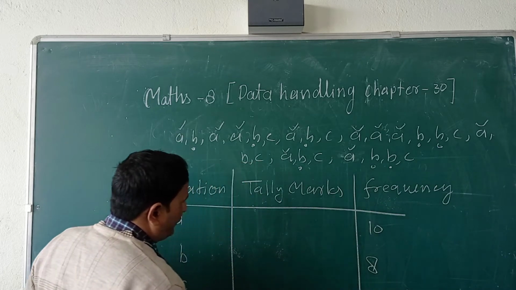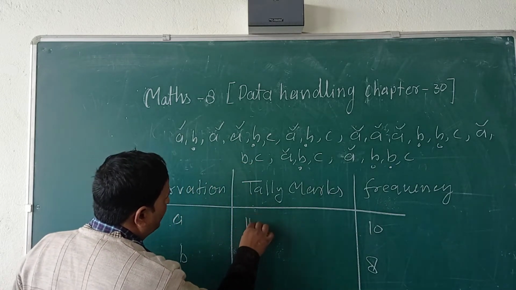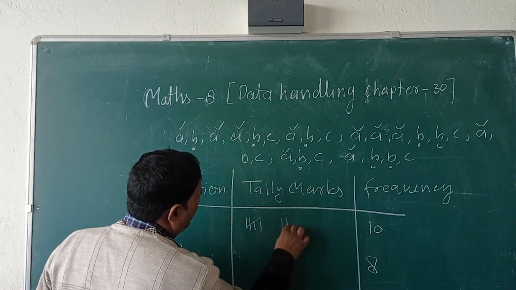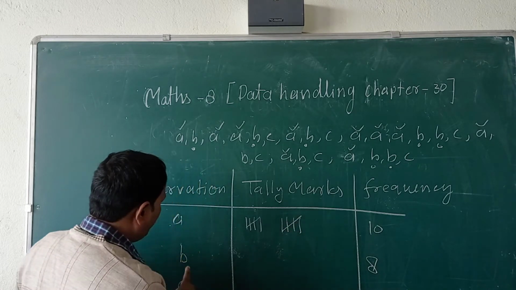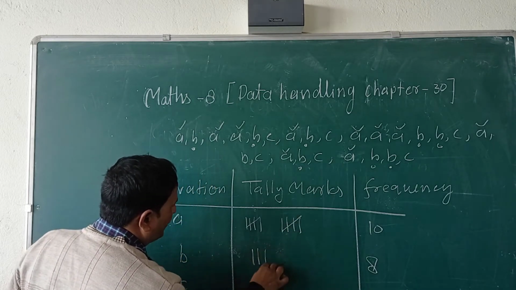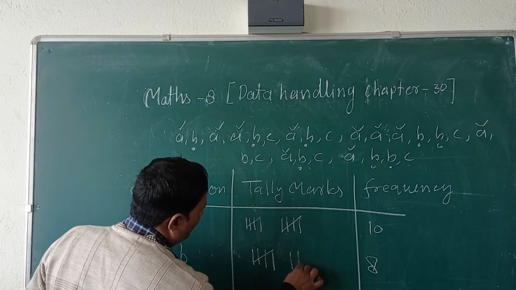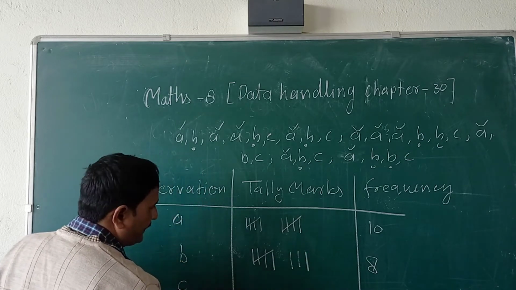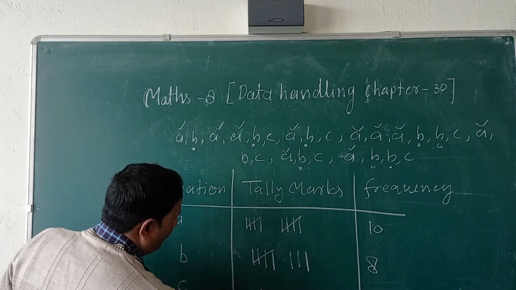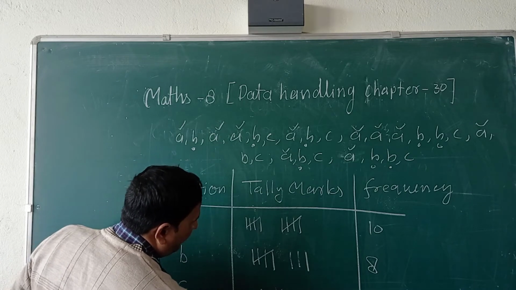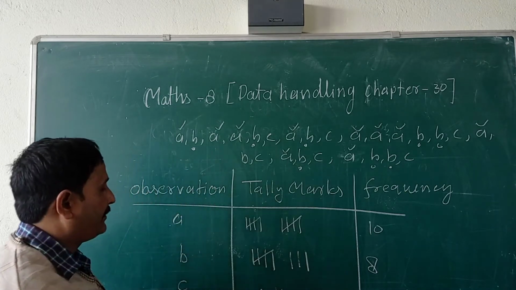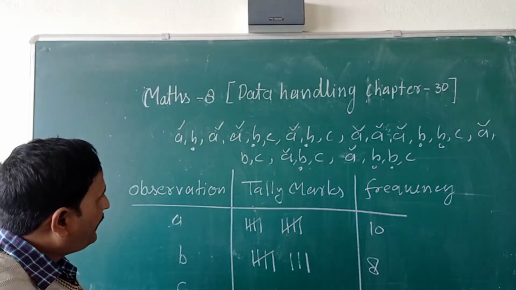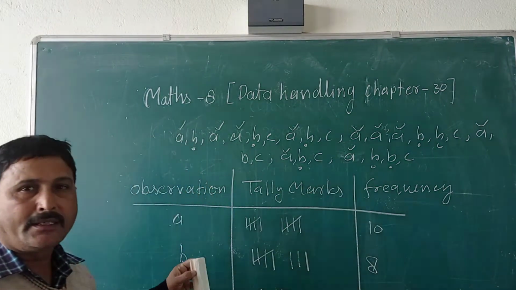Now write the tally marks: for A, 10 times; for B, 8 times; for C, 6 times. So this table is called a frequency distribution table.